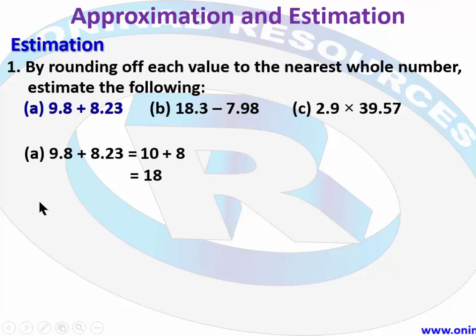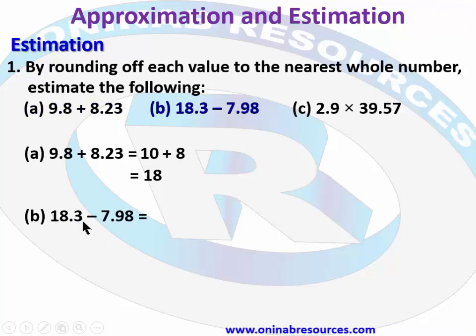Then we go for B part of the problem. For B, I have 18.3 minus 7.98. 18 is the whole number part here. So we check the next digit, which is 3. It is not up to 5. So we are rounding it down. So rounding it down, we have 18.3 as 18 to the nearest whole number.